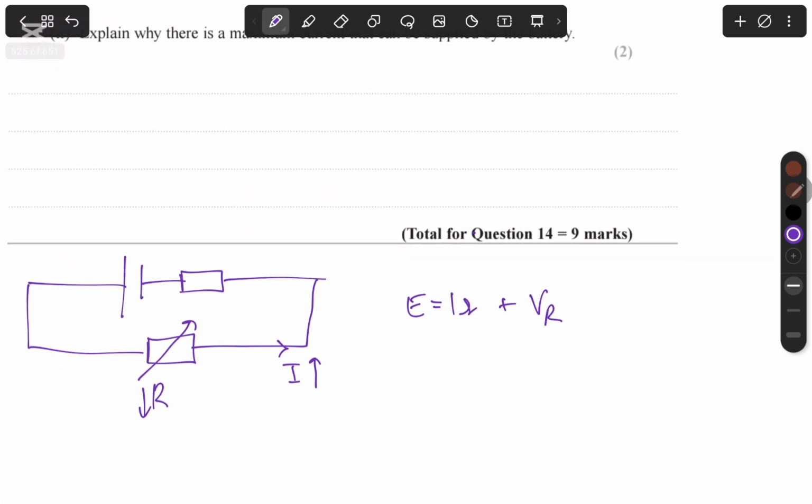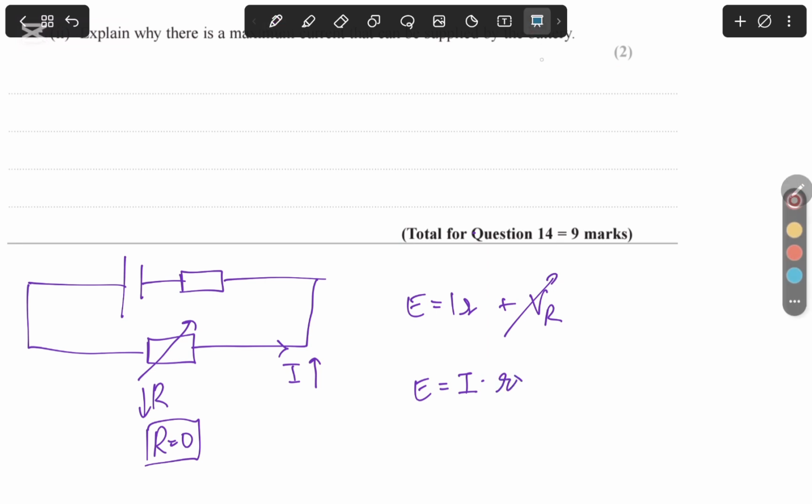Now, I will reach a point where I will decrease my resistance, the external resistance, to 0, right? So at this point, our potential difference across the variable resistor will be equals to 0, so it will get cancelled out. And our EMF will just be equals to the current times the resistance of the internal resistance.